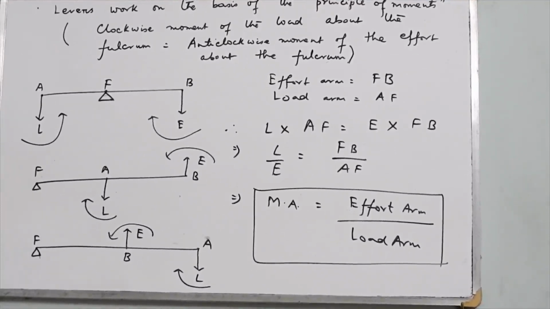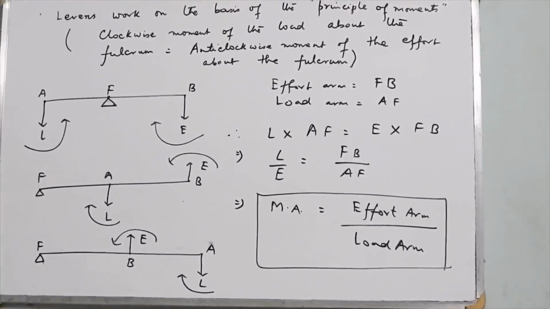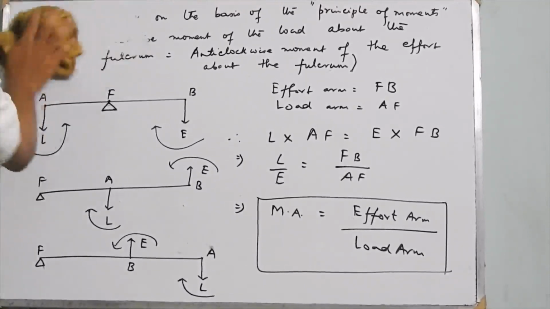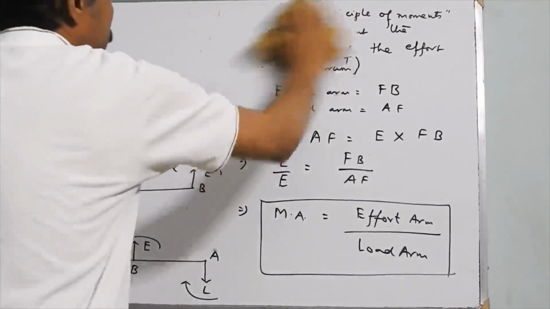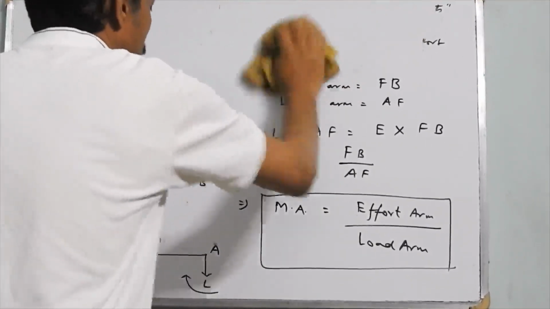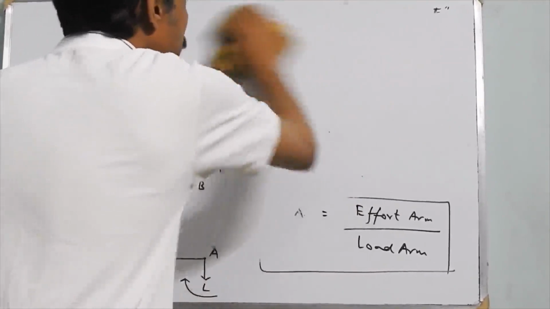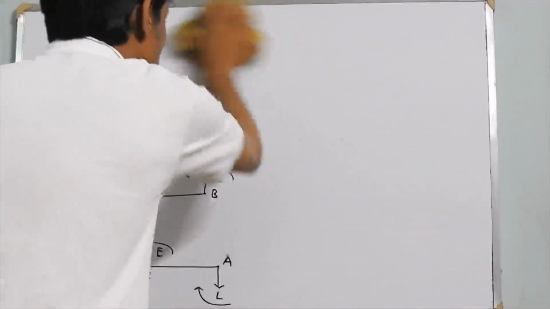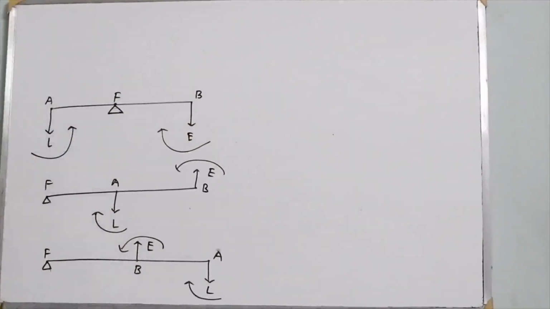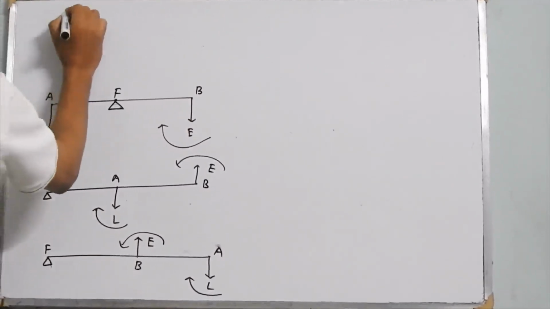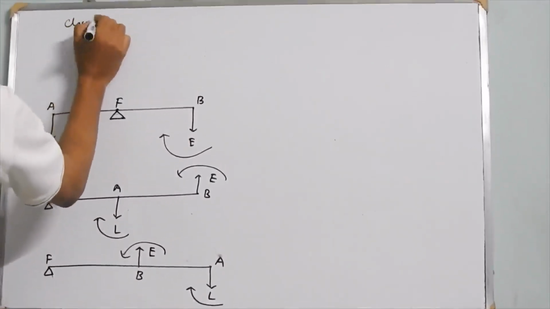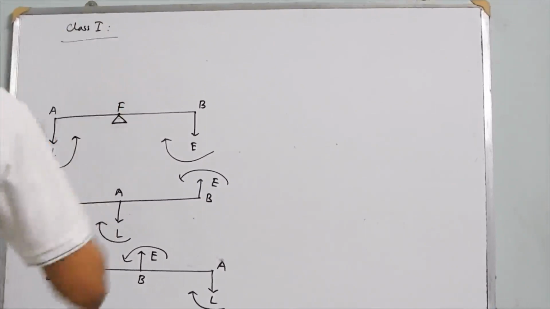So there are several examples of this. For class 1 levers, you can have a variety of examples. You can refer to any standard textbook, but still let me give a brief overview.